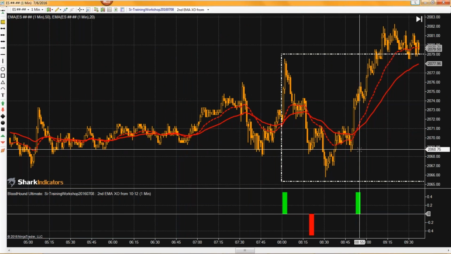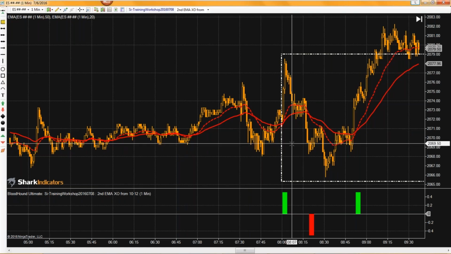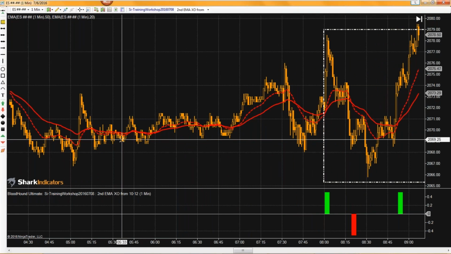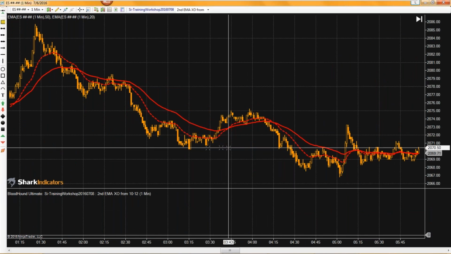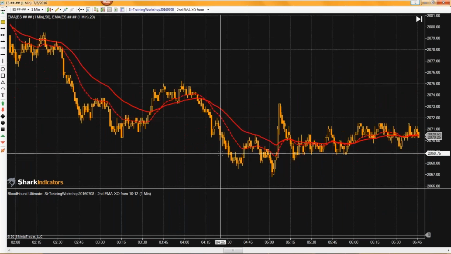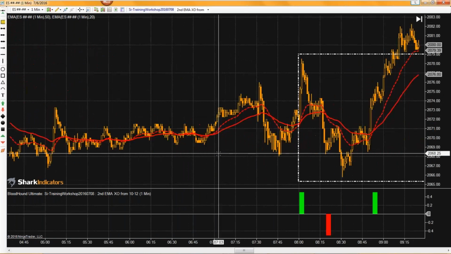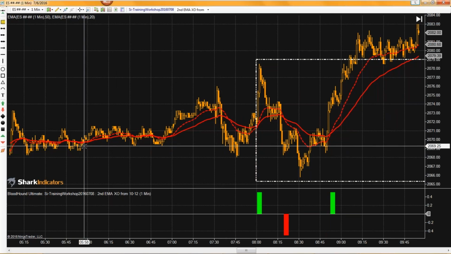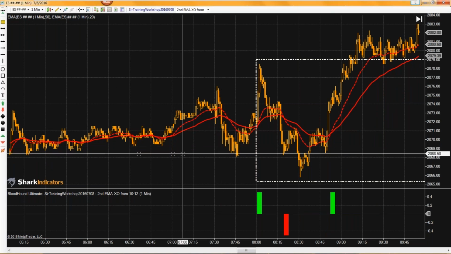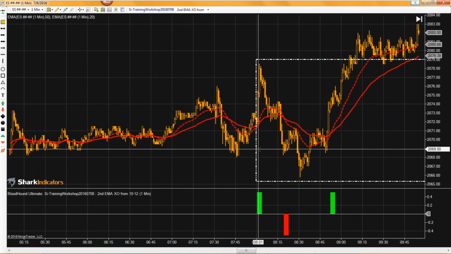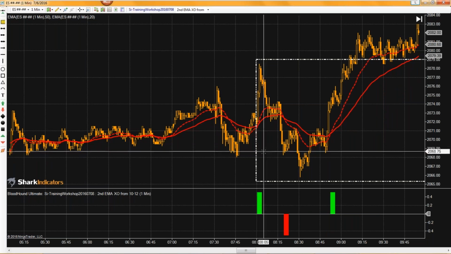I don't want to keep looking back forever and just count signals forever, because I'm always going to end up counting 2 signals, right? So you need to set some kind of limit as to how many bars back you can look to find that second signal, or to find 2 signals, right?